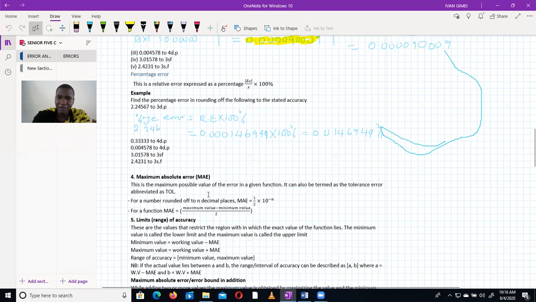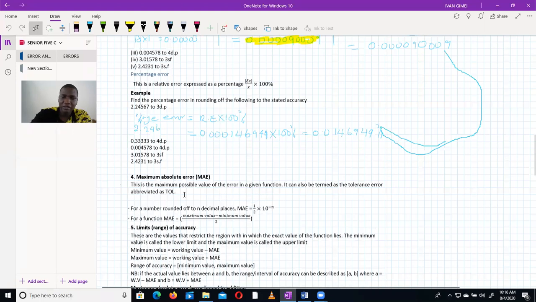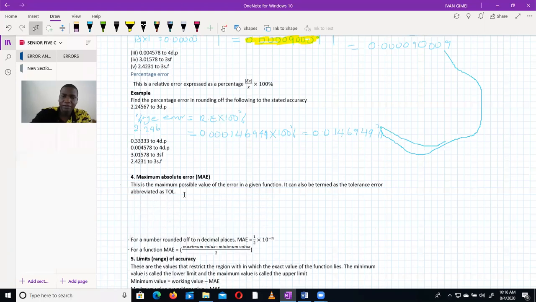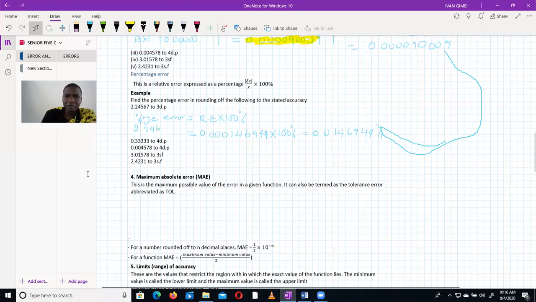Let me show you something here. I'm going to demonstrate something for you here. Let's be attentive here. When I have a value like, let's say 2.2, and I round off this to one decimal place, I'm going to have 2.